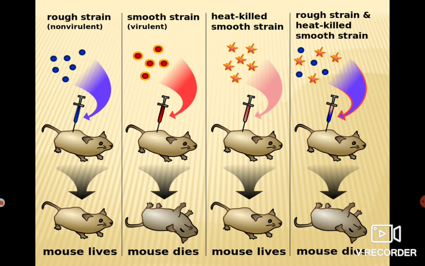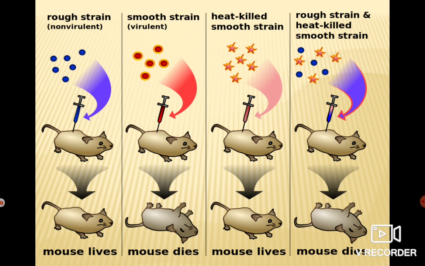First, he injected mice with the rough strain, which is non-virulent. As this strain is avirulent, when he injected mice with it, naturally the mouse lives.